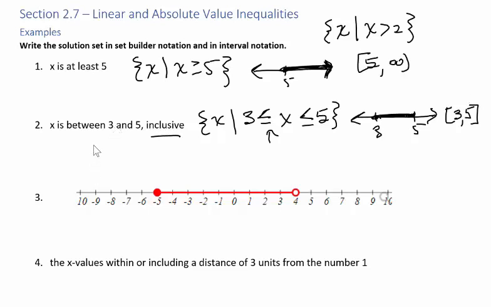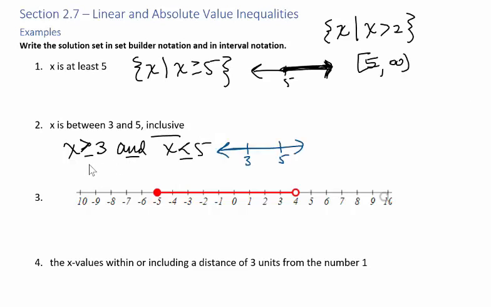Another way to write this compound inequality is x is greater than or equal to 3 and x is less than or equal to 5. If we graph each of these on the number line and find the intersection of the two sets, then we can see the numbers that are in both of these intervals at the same time, which should be our solution.